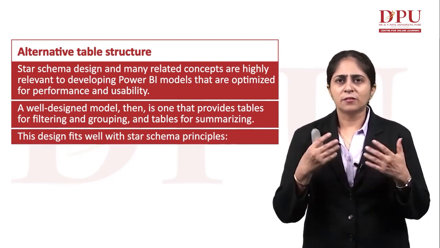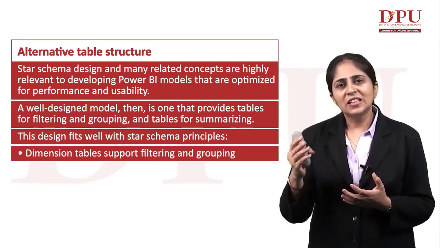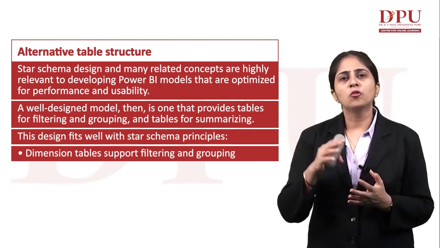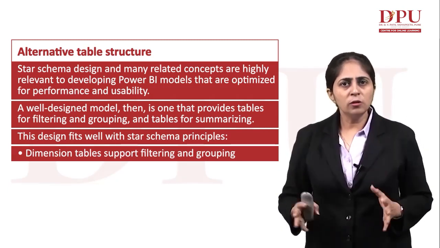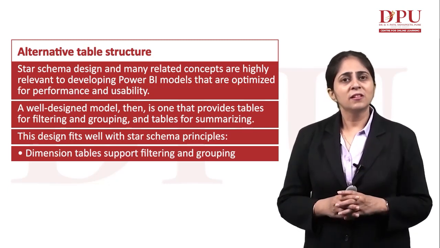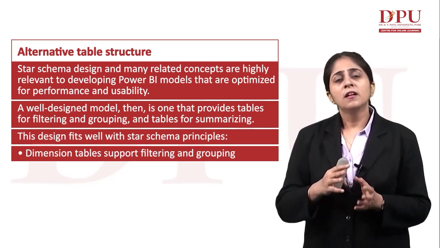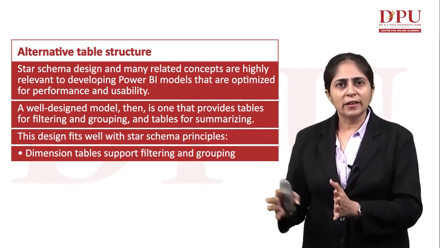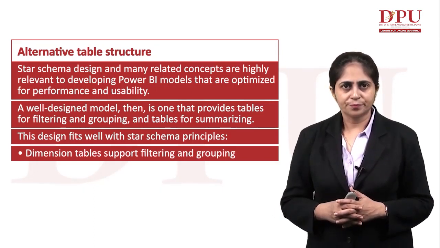This design fits well with the star schema principle, like the dimension table. Dimension tables support the filtering and grouping of our data. Whenever we do not require the whole set of data, we can filter data, so our dimension tables will support the filtering. And if we want to group certain data together, then also our dimension table can be used.